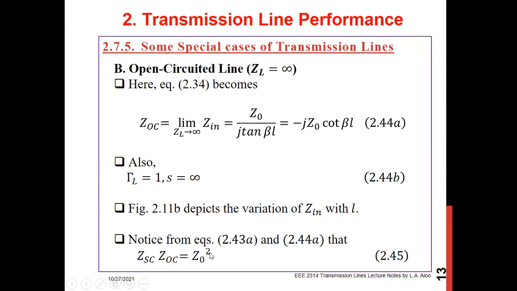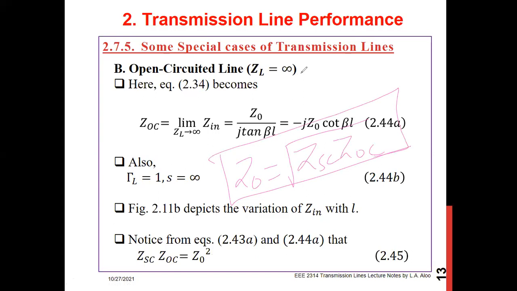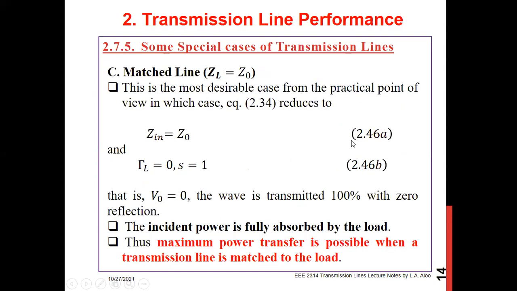We will see this in the topic on ABCD parameters, and I will still come back to this. It is as if we are saying that Z0 is equal to the square root of Z short circuit times Z open circuit. And that is a very, very powerful relationship.